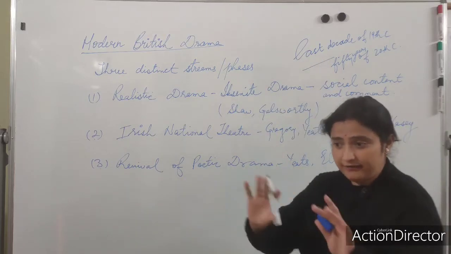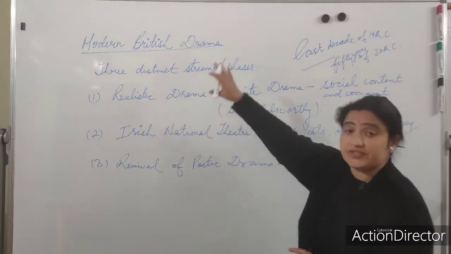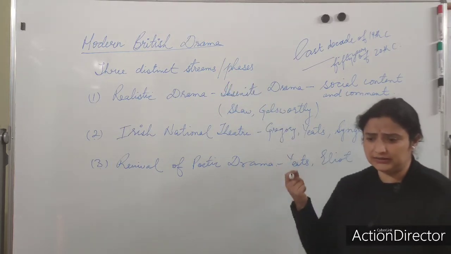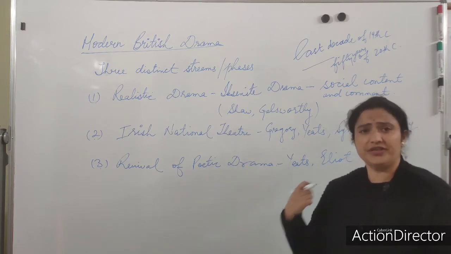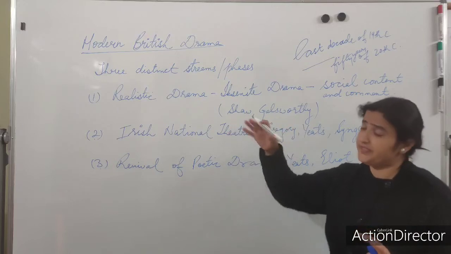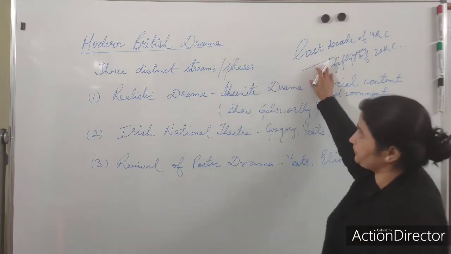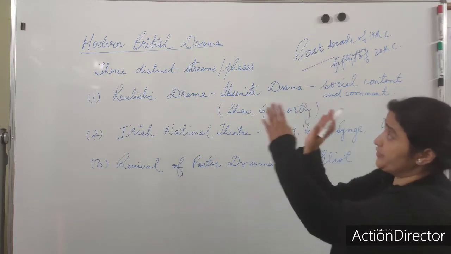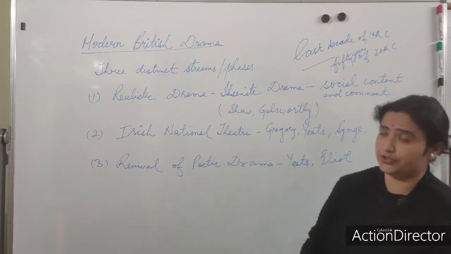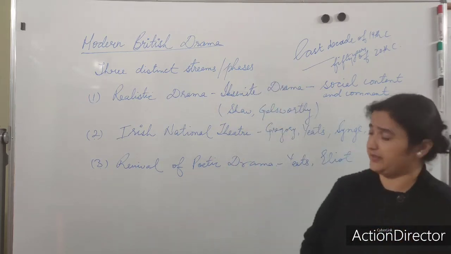Okay, that covers modern British drama, which is then followed by contemporary drama, which includes the theatre of absurd, the theatre of cruelty, the theatre of protest, and many more, right? So I'll not go into that, but this is the time period which is allocated the title of modern British drama. Now there are 3 distinct streams or phases, we can say, right?